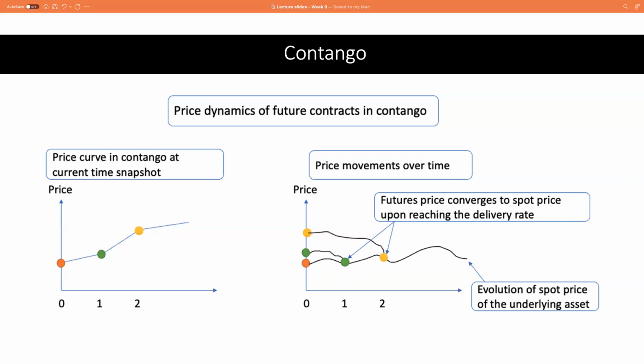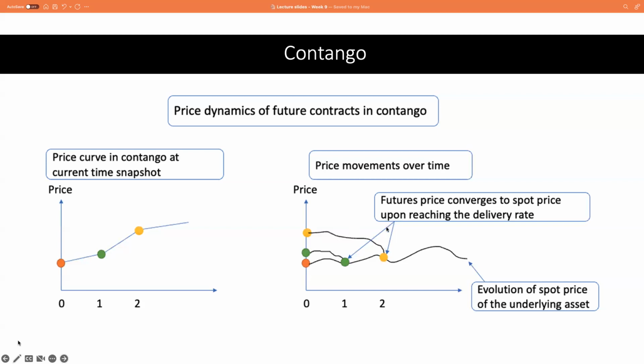So this is a downward movement for the futures contract, which gradually converges to the spot price at the future date, which is the settlement date. Similarly for this one as well. It takes longer to converge, but it will converge to the spot price of the assets at the maturity date.